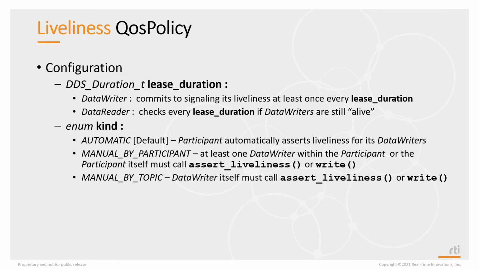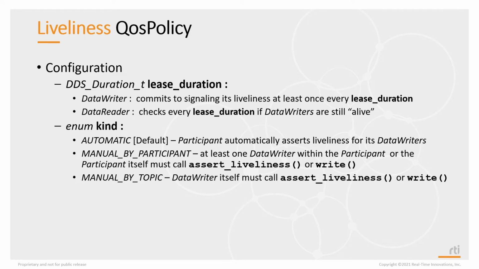Or you can also call assert liveliness on the participant object itself. So somebody in that participant has asserted its liveliness either by sending data or by calling assert liveliness. But these calls must be done by user code. It's not going to be done automatically for you.